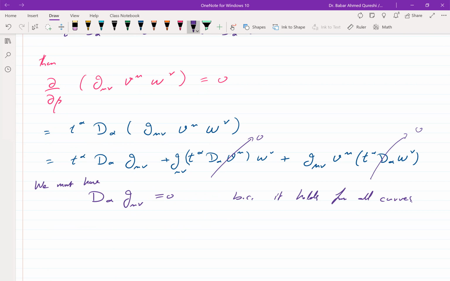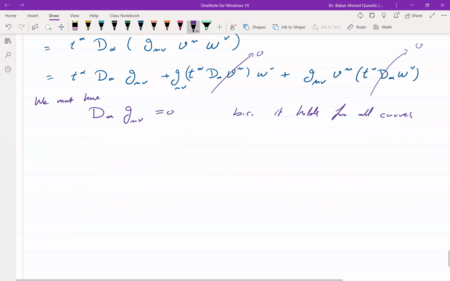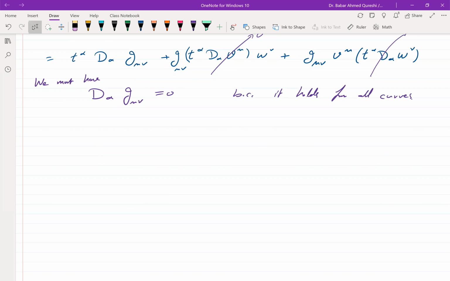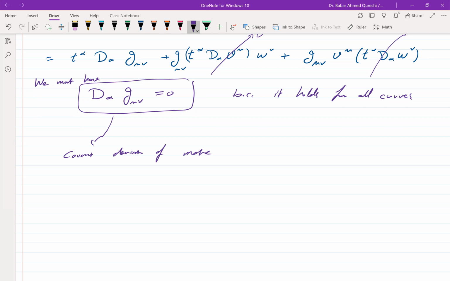We will demand that the scalar product should be preserved along all curves. So this condition, that the covariant derivative of the metric should be 0, is the metric compatibility.